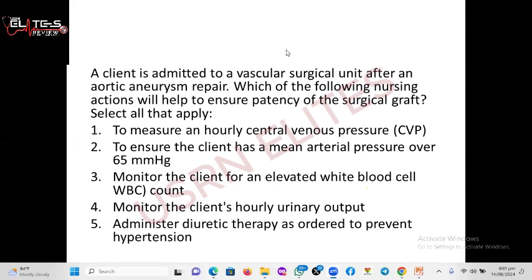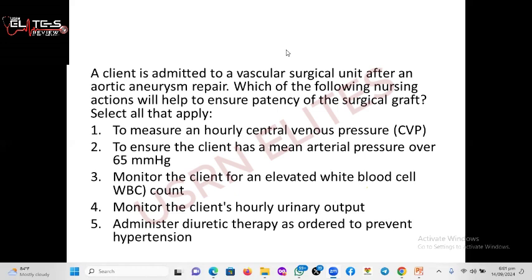I will take out 3 because monitoring the white blood cell count is not going to do anything to the patency. And if you increase the mean arterial pressure over 65, that will increase the blood pressure. I don't know, but I'll just go for 1 4.